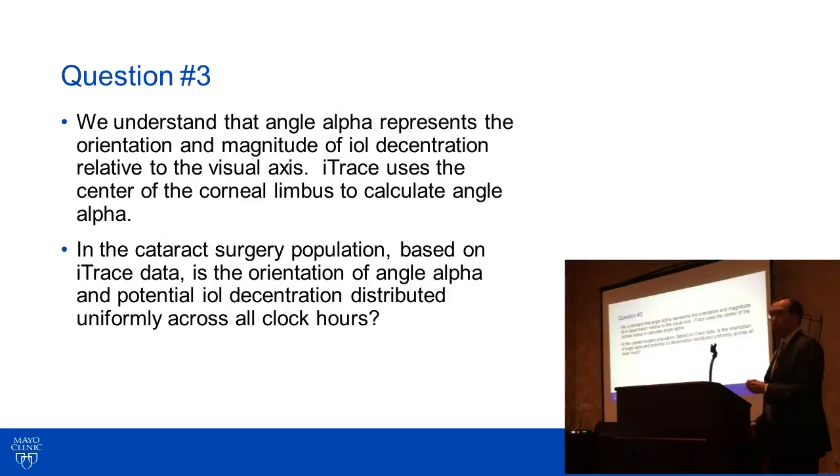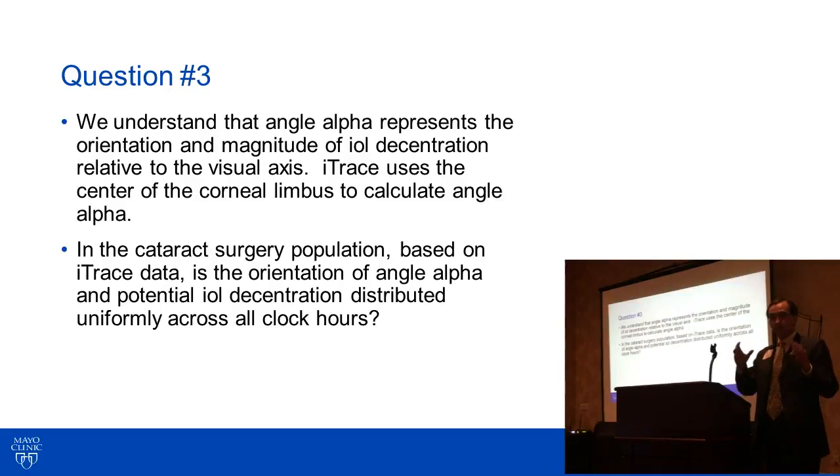All right, switch back to angles. Now, angle alpha, and this really pertains more to cataract surgery. What's angle alpha? Because it's really easy to get confused with all these angles. Angle alpha represents the orientation and magnitude of the difference between the visual axis and the center of the IOL. Well, we don't really measure the center of the IOL.